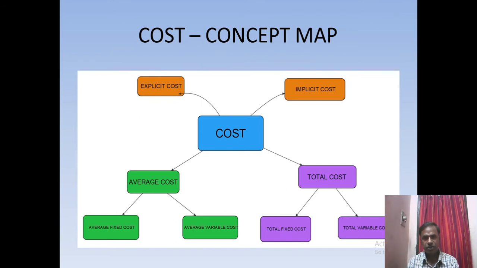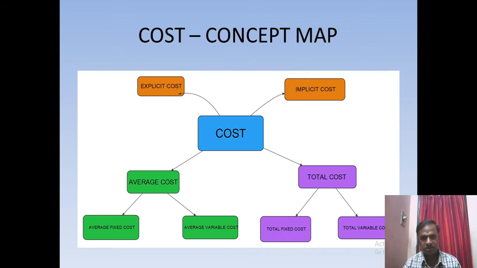That is the actual expenditure incurred by the producer to buy or hire the factor inputs in order to produce the commodity. Whereas implicit cost is the estimated cost of the factors supplied by the owner producer. If we include the explicit cost and implicit cost, we will get the total cost.